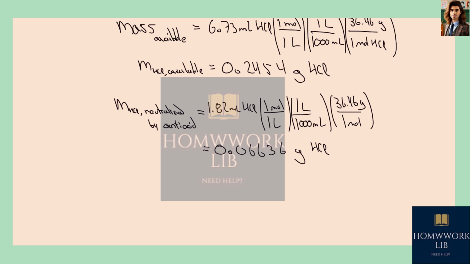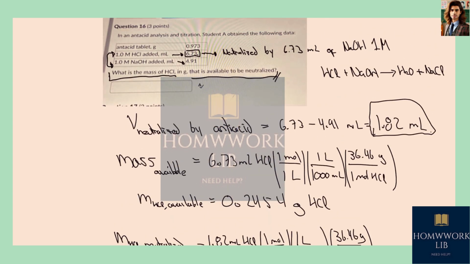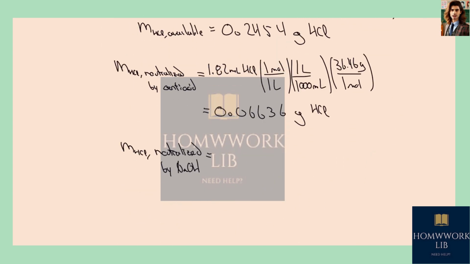And the mass of HCl neutralized by the sodium hydroxide that we added is going to be the same operation, but instead of 1.82, we're going to use the volume that we added. Since the concentrations are going to be the same, the value at the end would correspond.